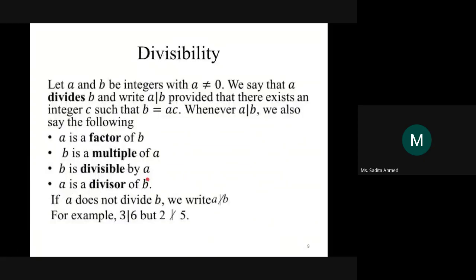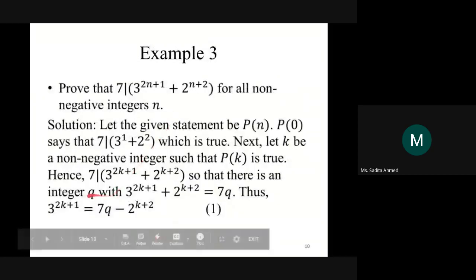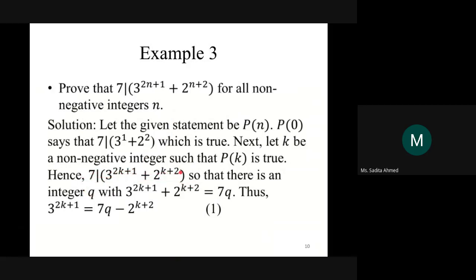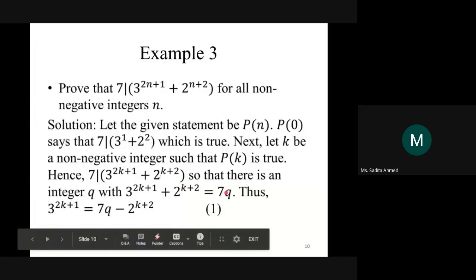Remember, if A divides B, there's some integer C such that B is equal to AC. Similarly, based on this assumption, there's some integer q such that 3 to the power of 2k plus 1 plus 2 to the power of k plus 2 is equal to 7q.